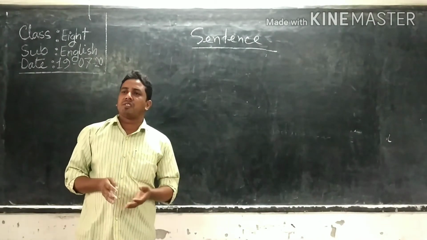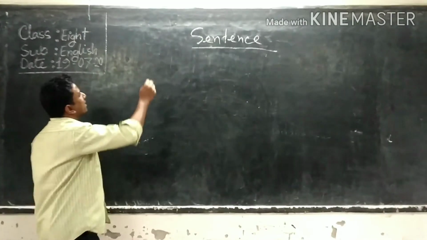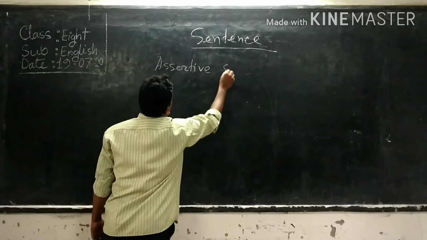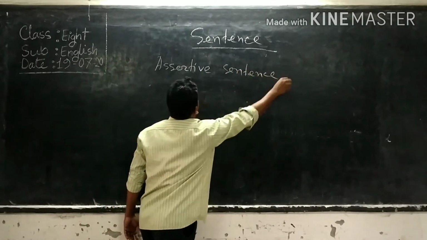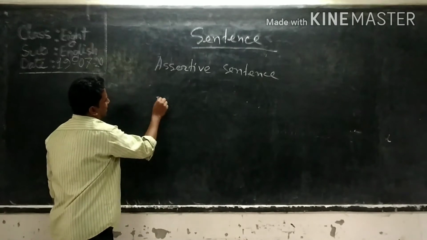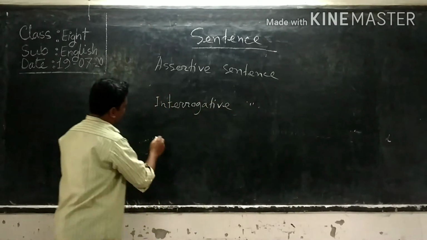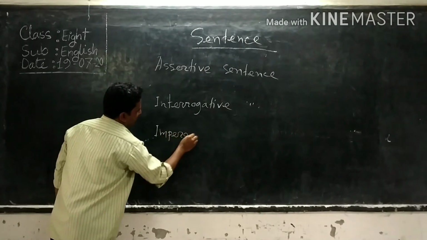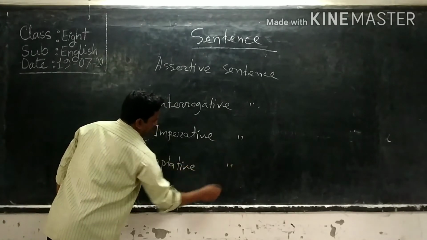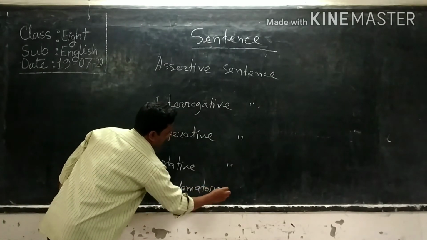According to meaning, sentences may be of five kinds: assertive sentence, interrogative sentence, imperative sentence, optative sentence, exclamatory sentence.